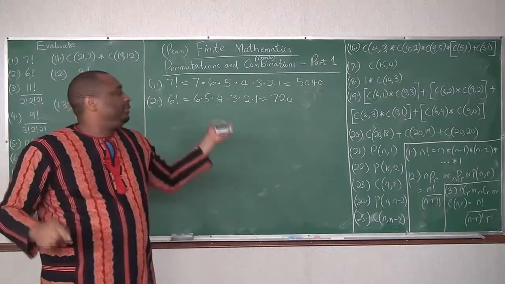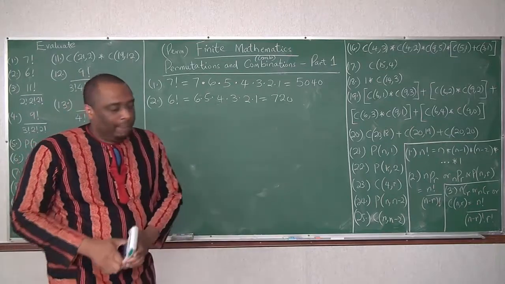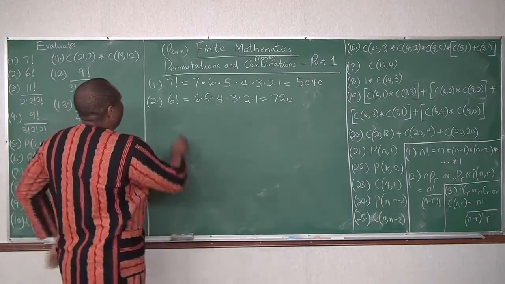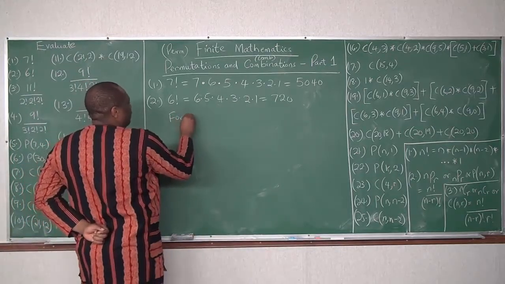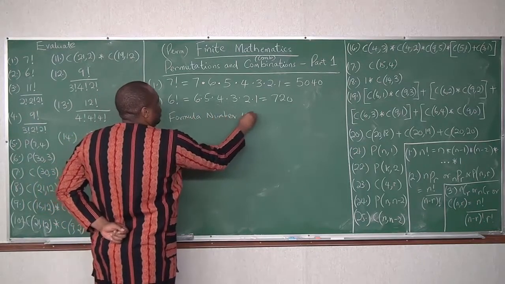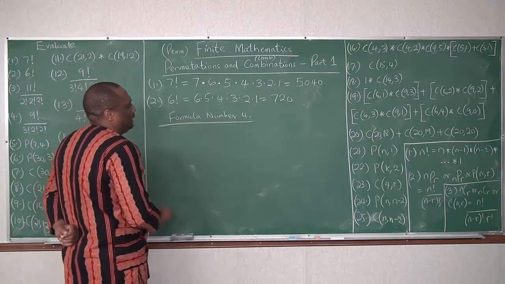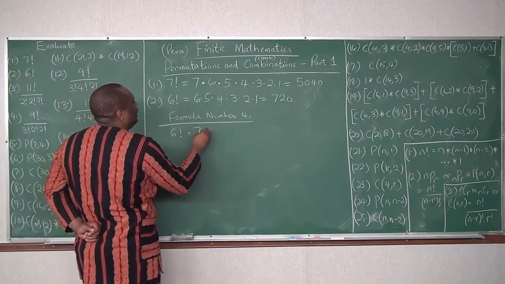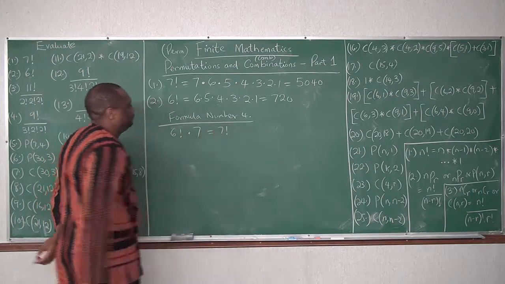Okay, what does this tell you now, folks? I'm going to give you another formula now. Formula number 4. We see that 6 factorial times 7 will give us 7 factorial.